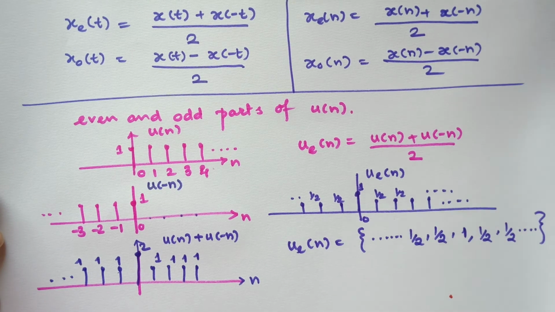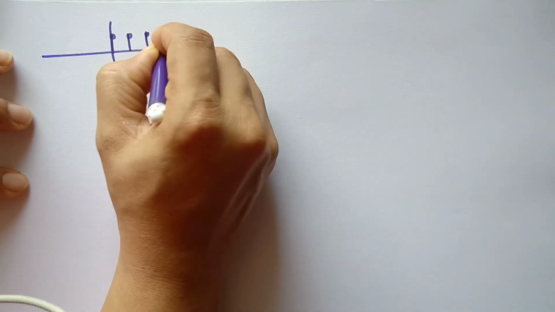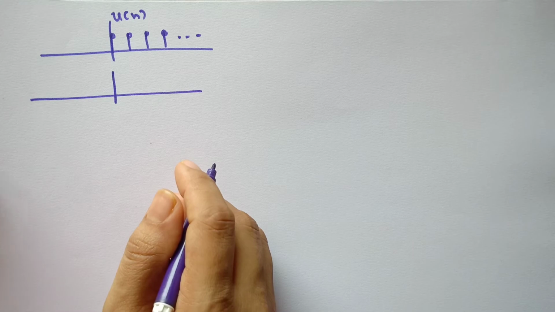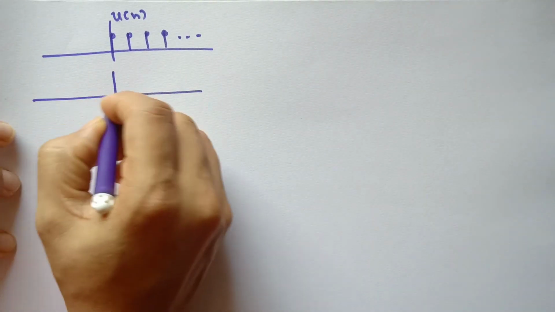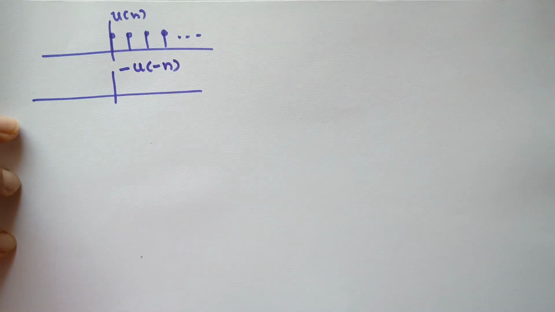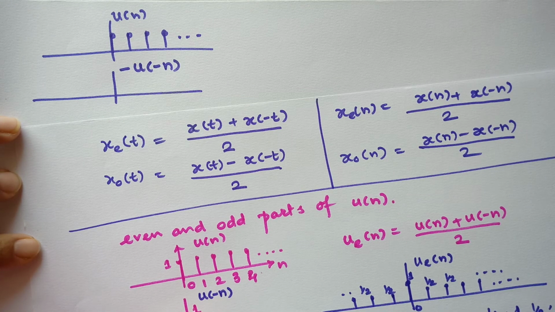Okay, now we'll find the odd part. Similarly, for u of n we'll find the odd part now. So we had u of n, now we want minus u of minus n, so reflected. So u of n was like this, u of minus n was like this.